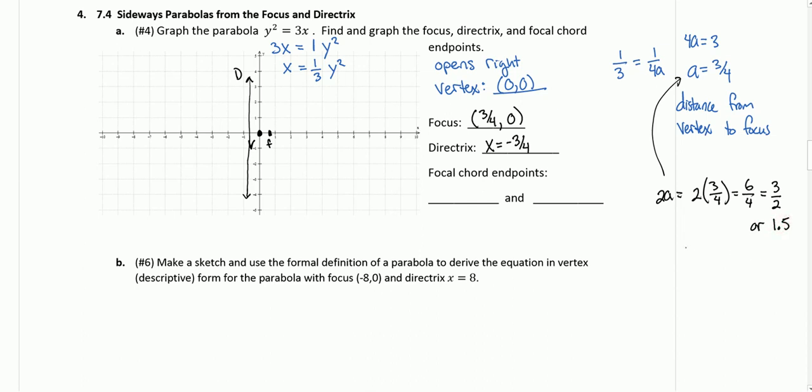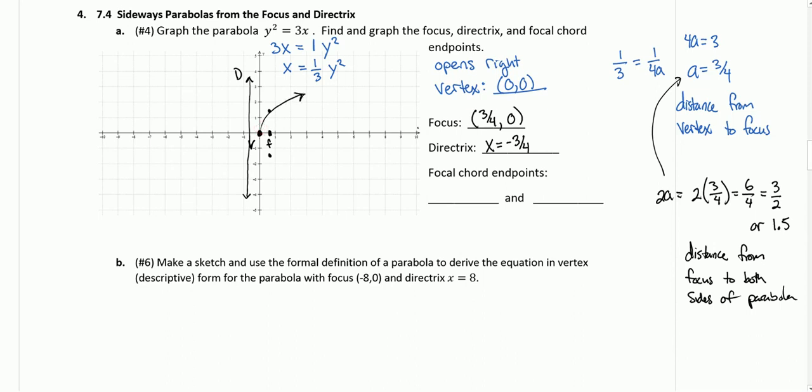That is the distance from the focus to both sides of the parabola. It kind of gives the width of the parabola at the focus. So from the focus, I'm going to go up 1.5 and down 1.5.